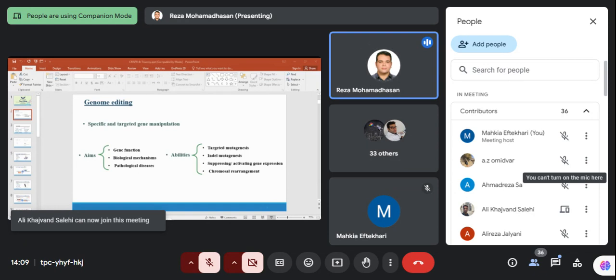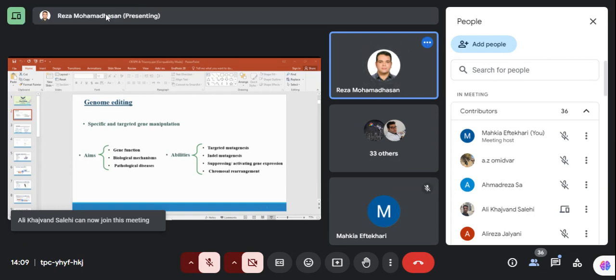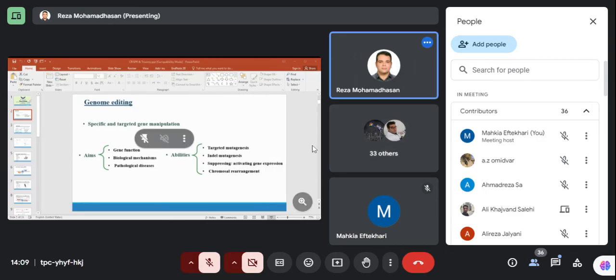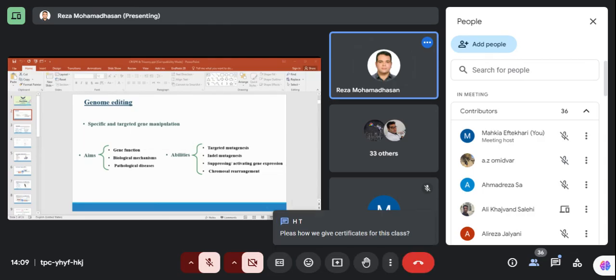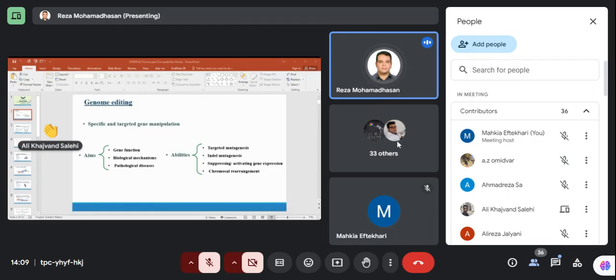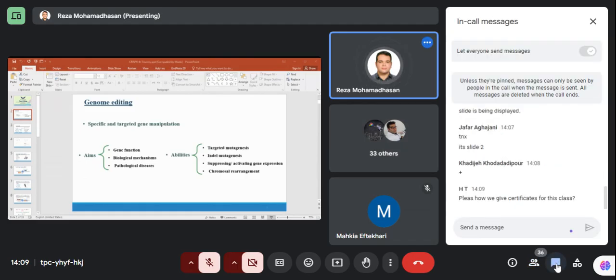Okay, so let me start again from this slide, because it is more important than the previous one. I talked about it. And now I'm talking about the mechanism of genome editing systems.